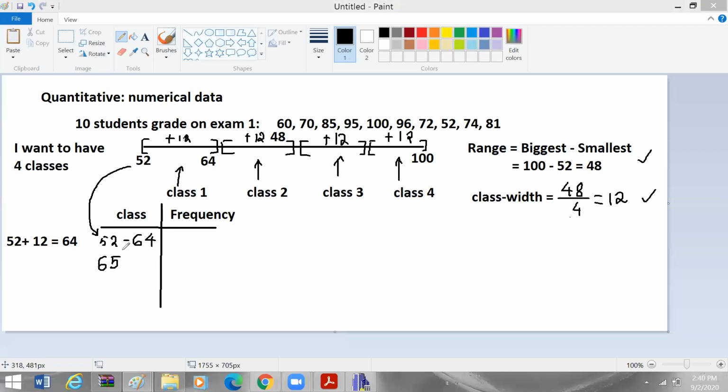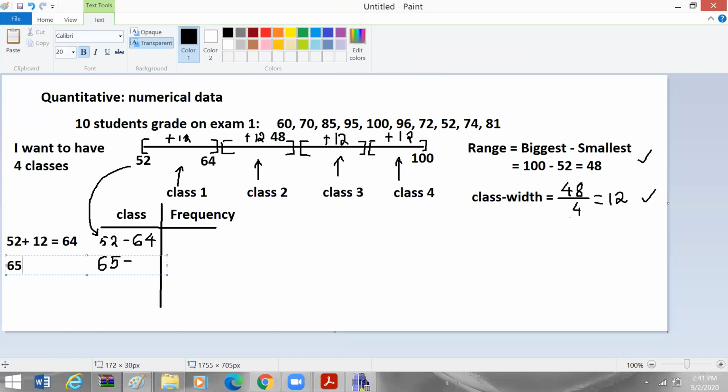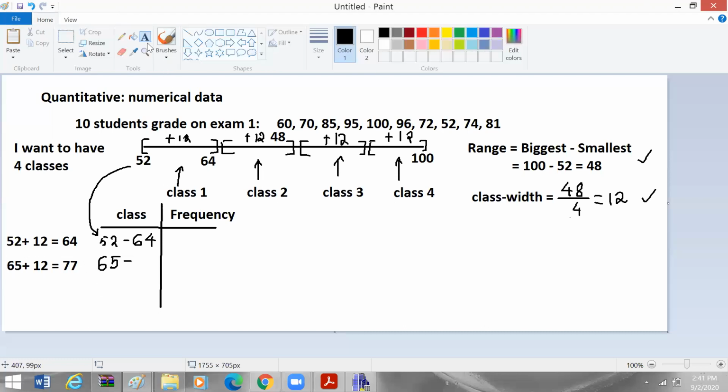When we start the next class, we increase by one. Remember, this is not subtract, this is up to. So 65, and then we add 12. This is something that we don't have to do on the exam. I know what it is, you just need to do it on your scrap paper or whatever you want. So up to 77.